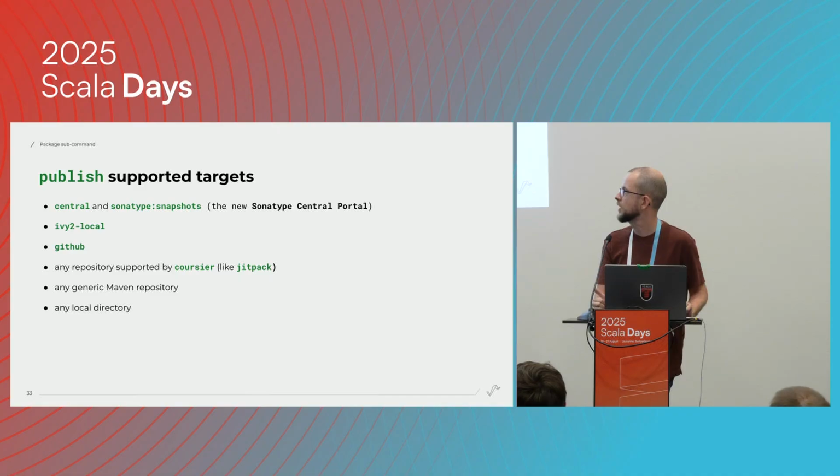You can publish to Ivy2 local. You can publish to GitHub repositories. Pretty much any repository supported by Coursier with a short alias like Jitpack is supported with the same name. Any generic Maven repository works, or you can just upload to any directory on your local machine as well. And that's that.